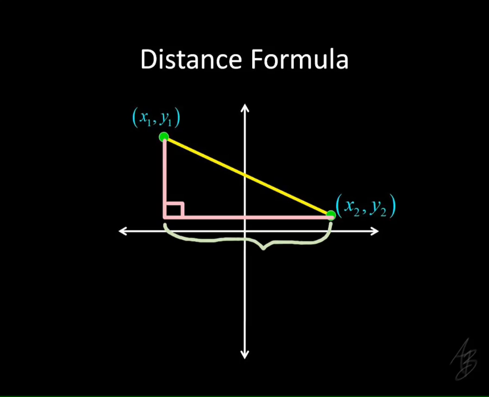Now, in this particular picture, x2 is bigger than x1. Since we're generalizing, though, since these are just arbitrary points, we don't really know that x2 is bigger than x1. So we have to be a little bit careful here. Right now, we'll do x2 minus x1 to get that distance. But understand, that number might be negative.